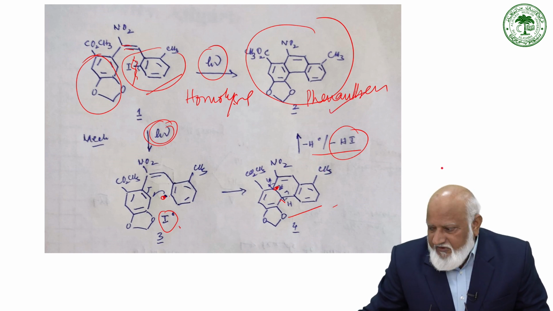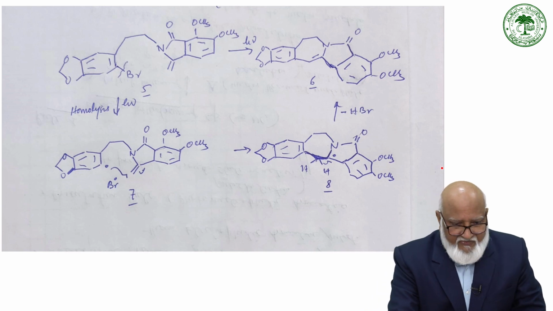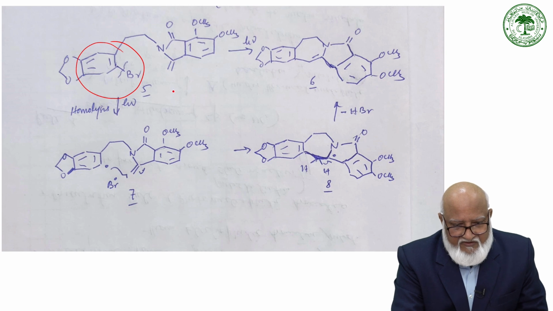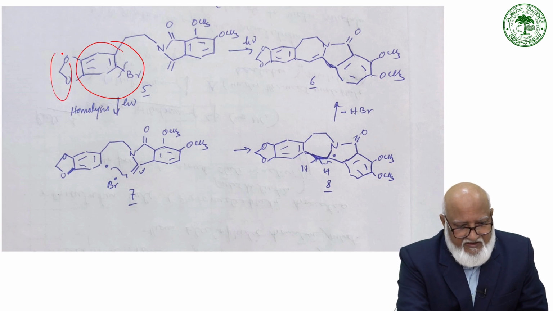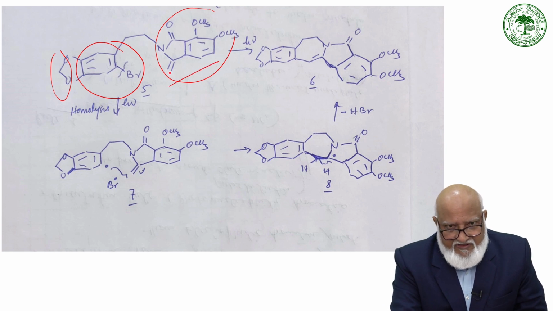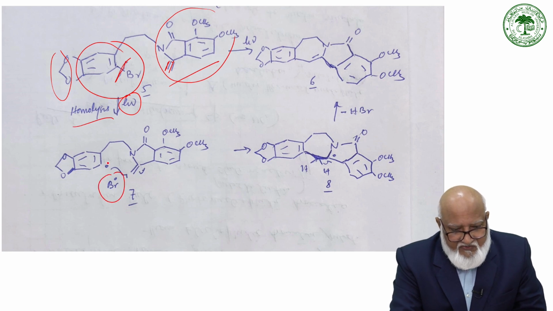Here is another example where we have an aryl halide, especially an aryl bromide, with some other functionalities such as this one. We have another halide group with an exocyclic double bond. Under photolytic conditions, this will similarly undergo homolysis to give a bromine radical as well as an aryl radical.